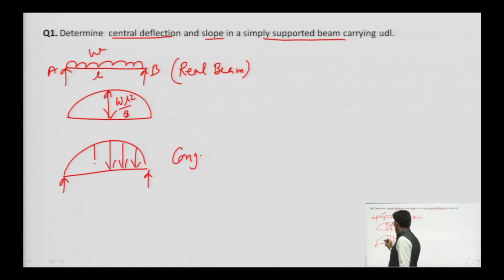Its loading will have a peak of WL square by 8EI. Say the reactions are R A and R B.